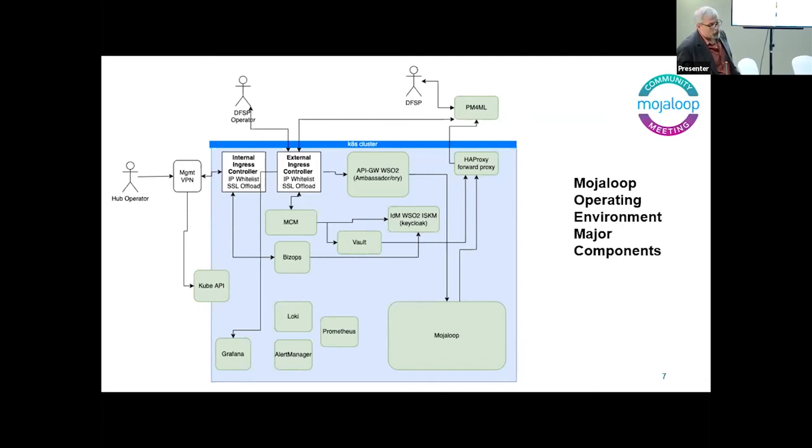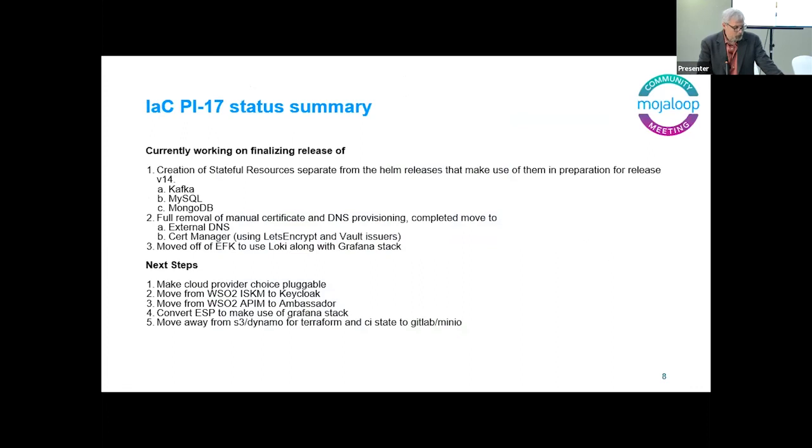And with the ORI work that we've done with the BizOps, we've set ourselves up for a fairly seamless migration to using Keycloak instead of ISKM. We need also to convert the event streaming processor to make use of the Grafana stack.